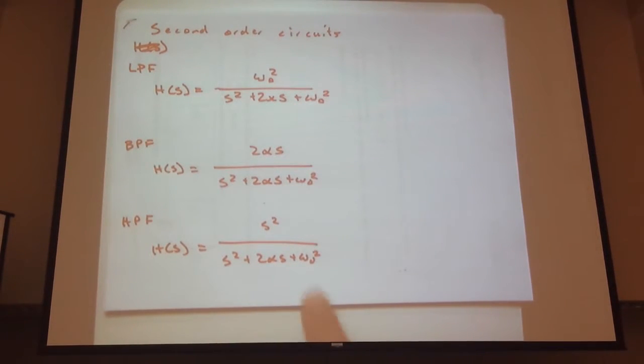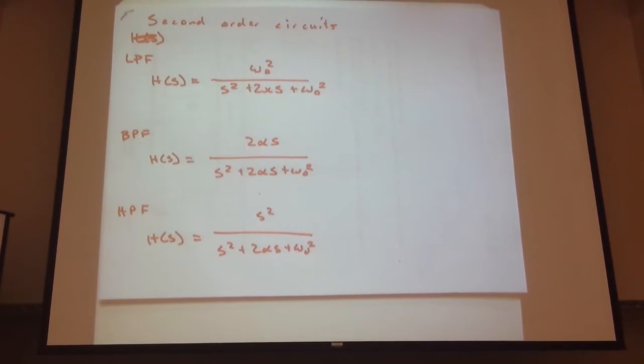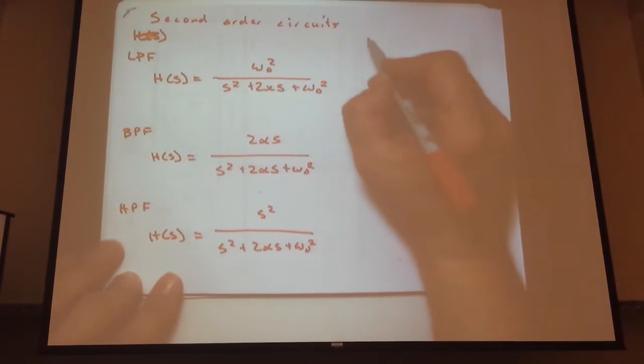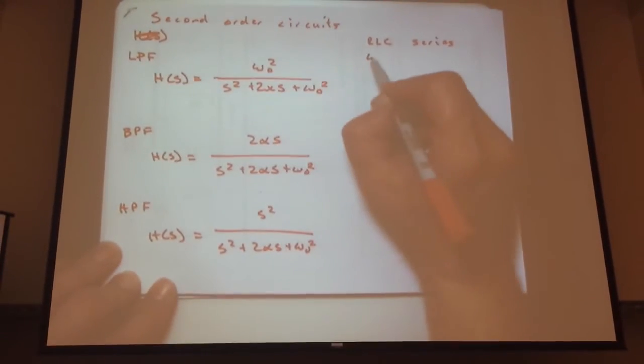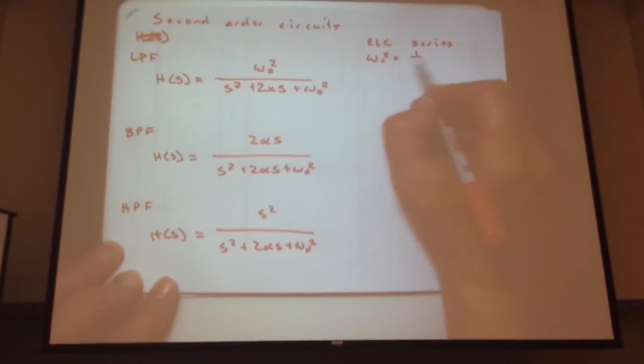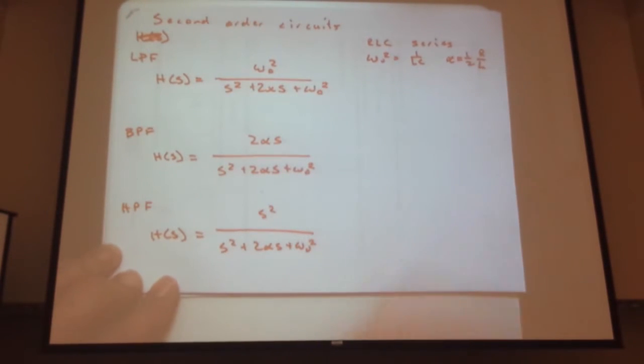So if you're building a high pass filter, this is where you start, but you need to know how to translate this back to a circuit. If we're looking at RLC circuits like we have so many times, we know what this is. So if we're looking at RLC series, omega naught squared equals 1 over LC, and alpha equals 1/2 R over L.